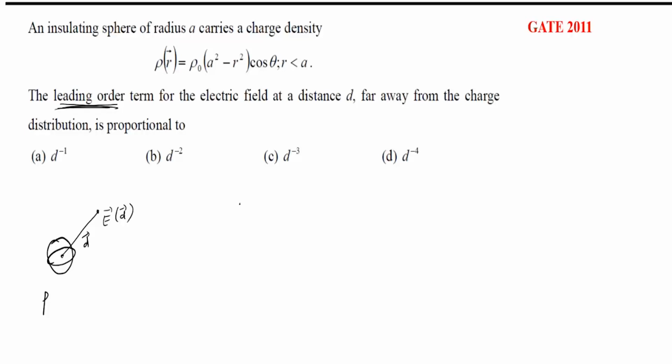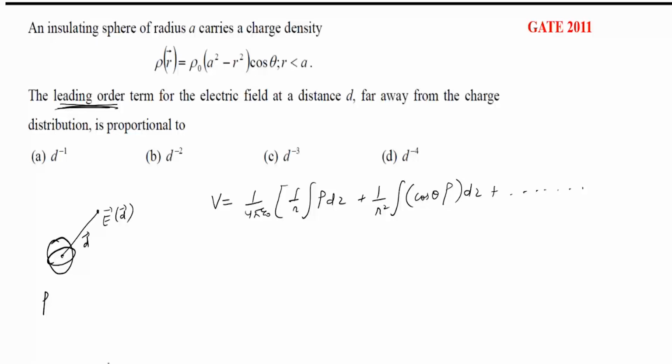So in the V expression, if I remember correctly, I wrote something like 1 by R rho d tau plus 1 by R square, then cos theta rho d tau, and some terms like this.